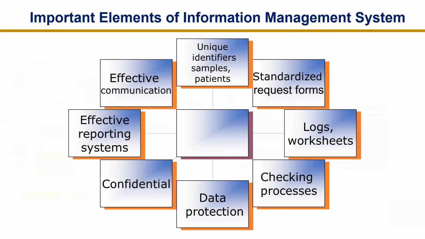So there are many elements of an information management system, and some of those are listed here. The first thing we need to do as a lab is to be able to identify patients, and the samples that we get from our patients need to be uniquely identified. The request forms that we provide to our providers in order to gather the information we need to process patient specimens need to be standardized.